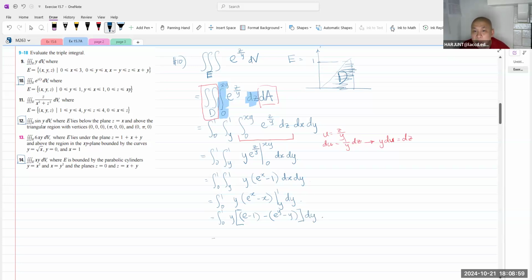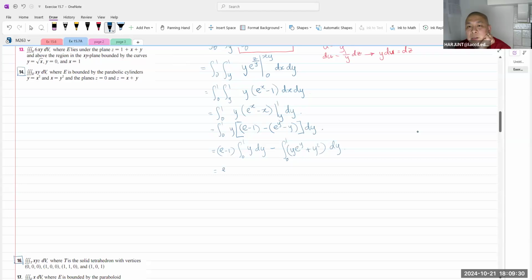So let me separate this. This is (e minus 1) integral 0 to 1 of y dy minus integral 0 to 1 of (y e to the y plus y squared) dy. Am I right? And this will be (e minus 1) over 2, 1/2, right?